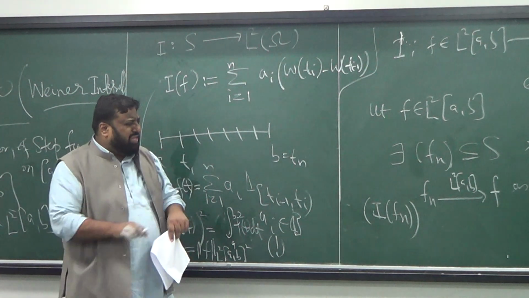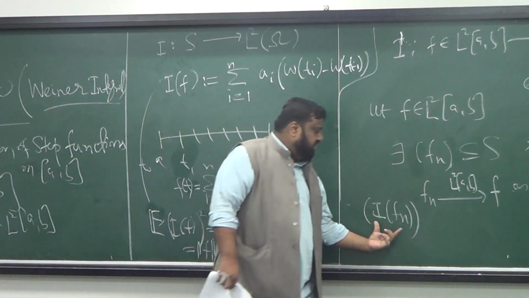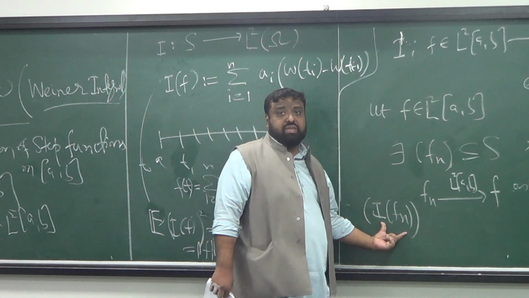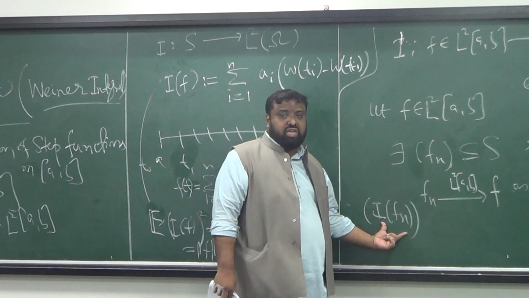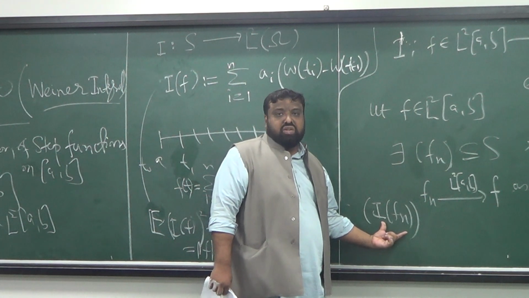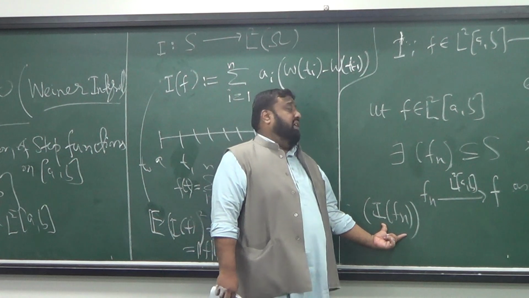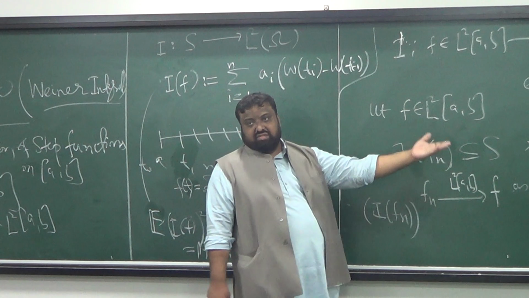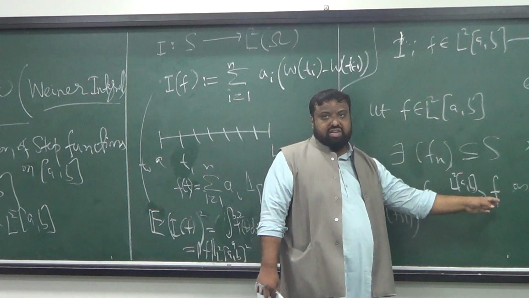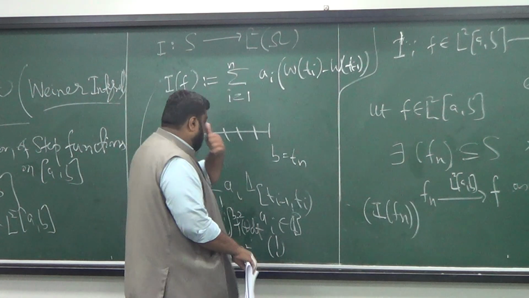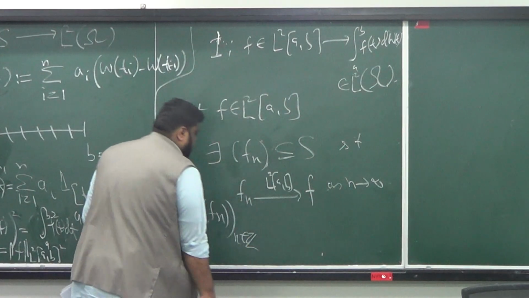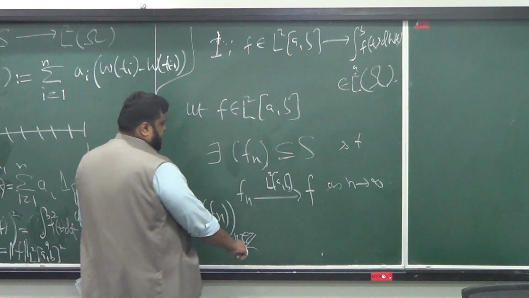My claim is that this sequence of integrals of the step functions is going to converge to a random variable, and whatever it converges to, we are going to call that random variable the integral of f. This is really the argument.